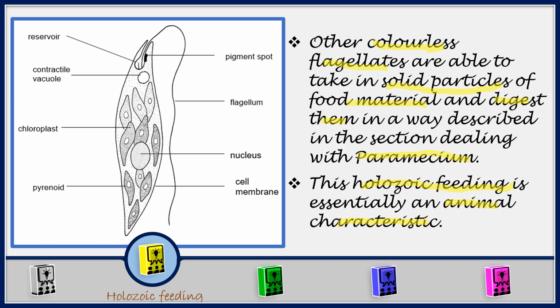Now the colorless flagellates are behaving like animals by taking in solid particles of food materials. That is characteristic of animals. That's why previously we said that they have more animal characteristics than plant characteristics.